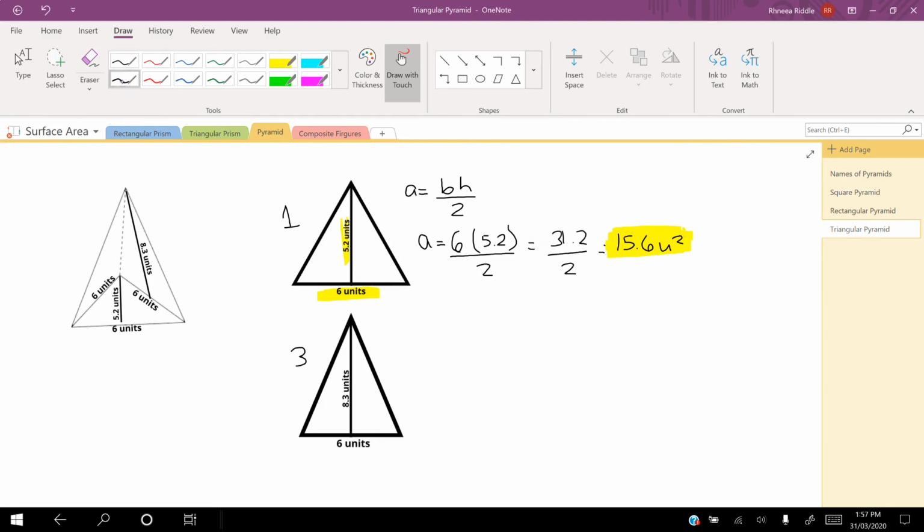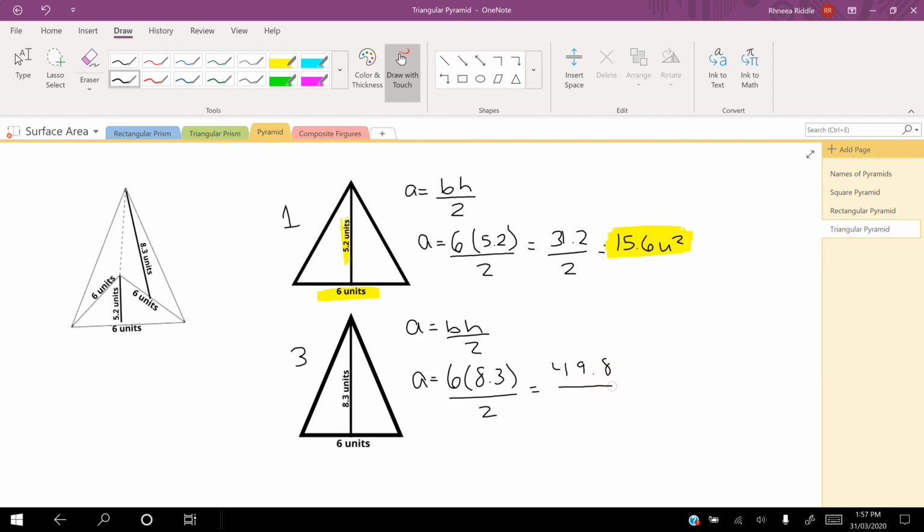So now we're going to go to the next one. Area equals base times height divided by 2, or 1/2 times base times height. And our base is 6 units and our height is 8.3 units. We divide those by 2. So we can multiply 6 times 8.3, and we get 49.8 units.